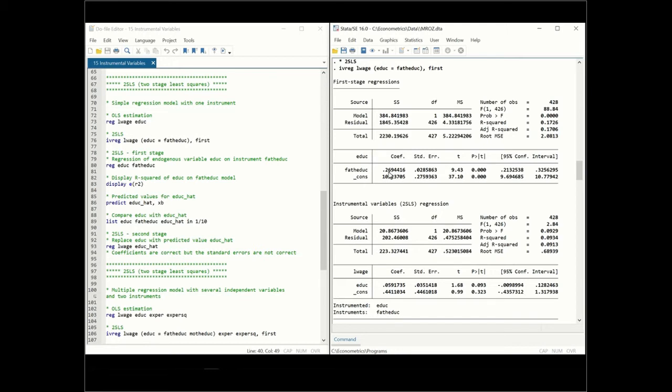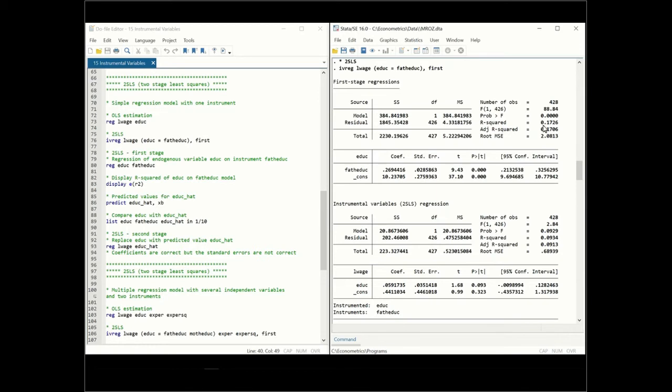So that's good because it means that we have an instrument that satisfies the property of a good instrument, which is to have a relationship with the endogenous variable here. The other thing to notice here is that the R square here is 0.17, so it's not a very high R square here. So the relationship between father's education and education is not very strong, but there is a significant relationship.